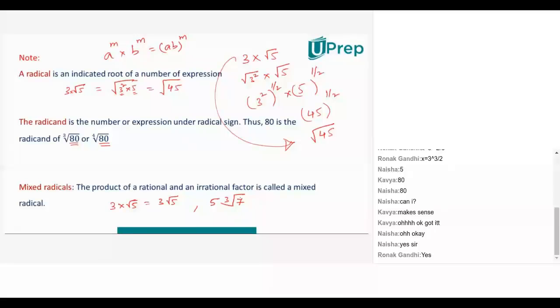I want everyone to write an answer in the chat box so that I get to know who understood or not understood. Tell me the answer in the chat box. Tell me the answer, Ishant.